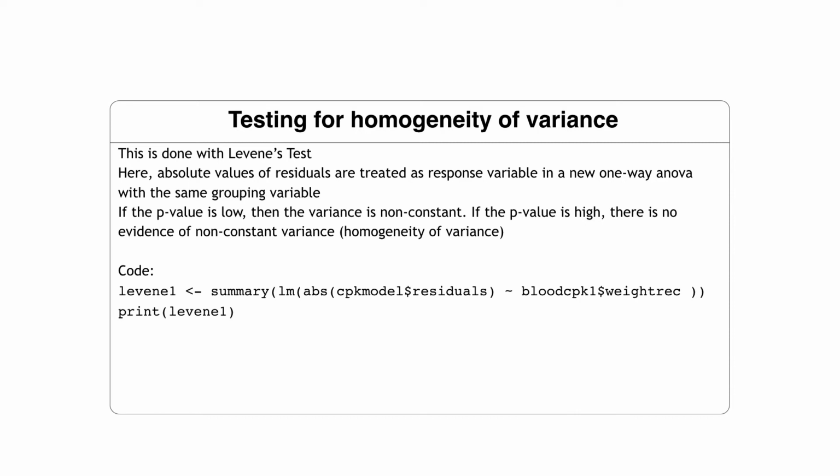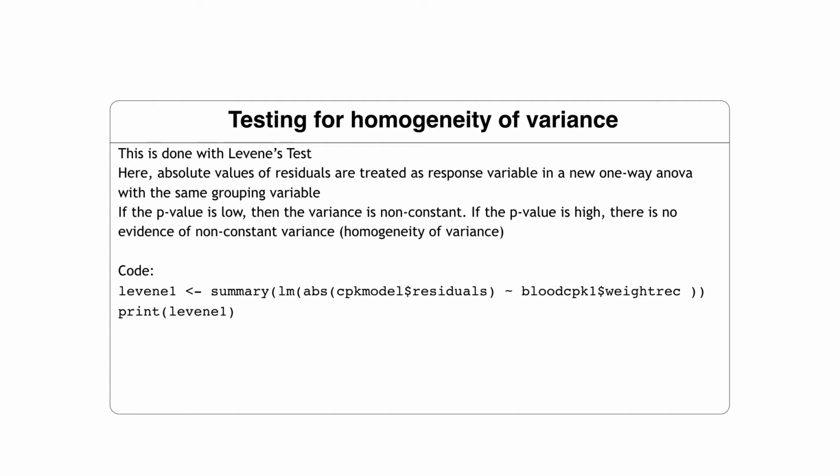The second thing that is interesting for people who conduct analysis of variance is testing for the homogeneity of variance. And this is done with a test called Levene's test. What we do here is take the absolute values of the residuals.